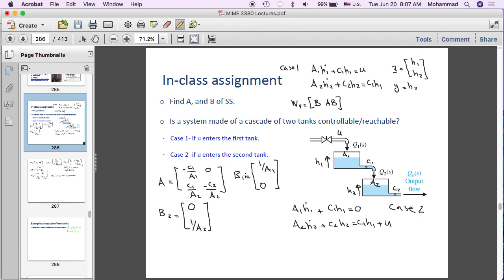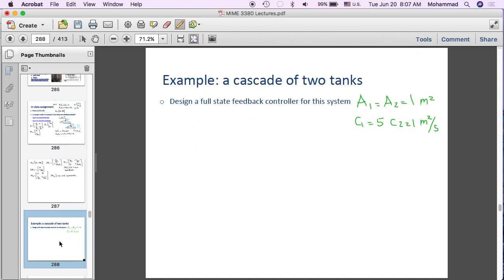And if you make that assumption for A1, C1, A2, and C2, you now have numerical values for the A and B matrices. So let's go ahead and write those matrices. Matrix A would be, what is the first element in matrix A? It's minus C1 over A1, so it becomes minus 5. This is 0.